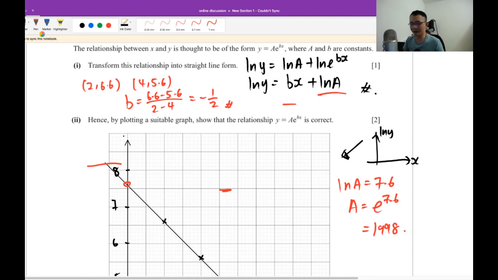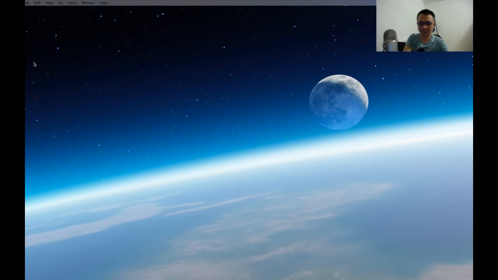It's hanging all the time. I'm not sure why it keeps on hanging.